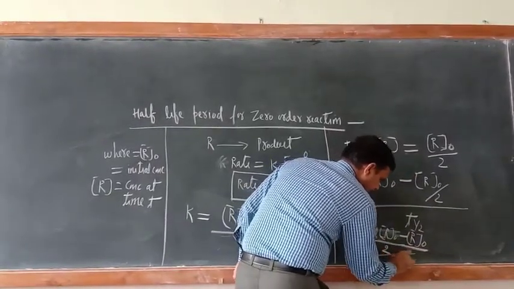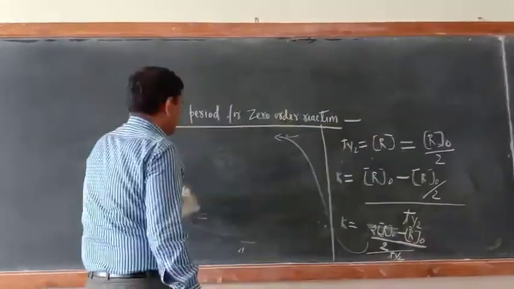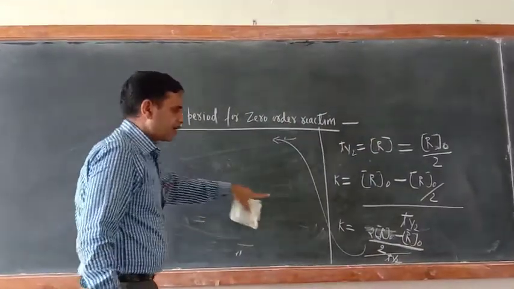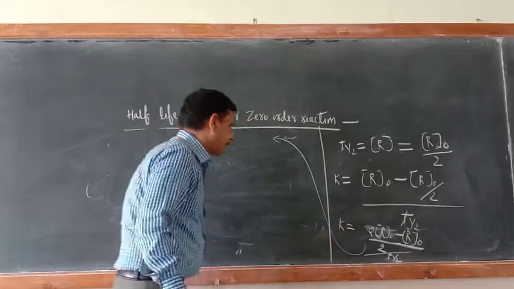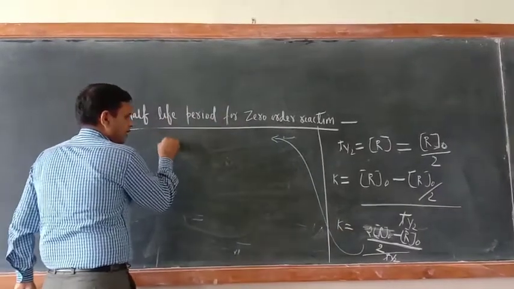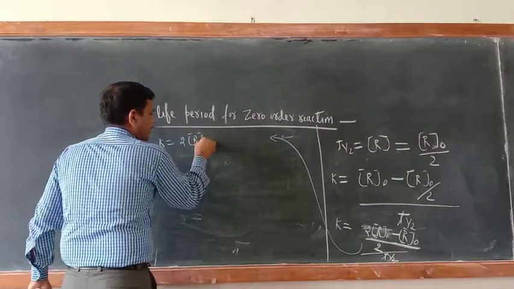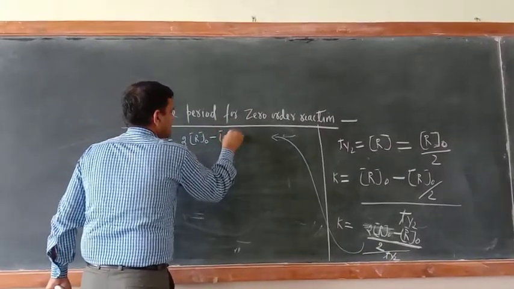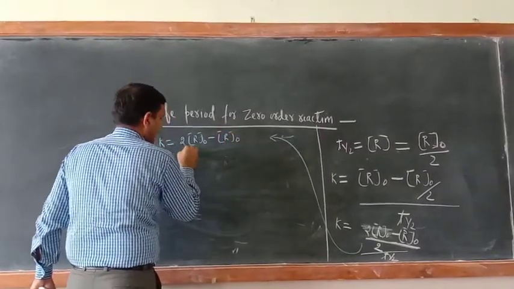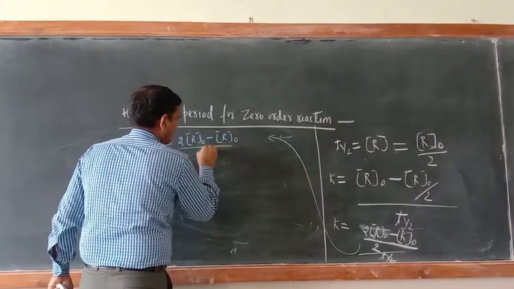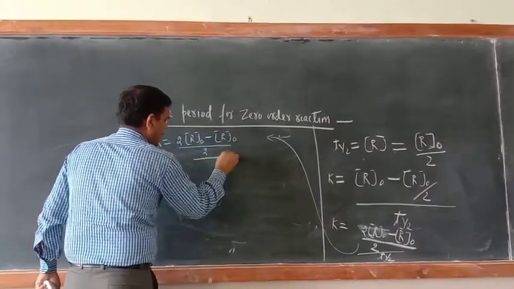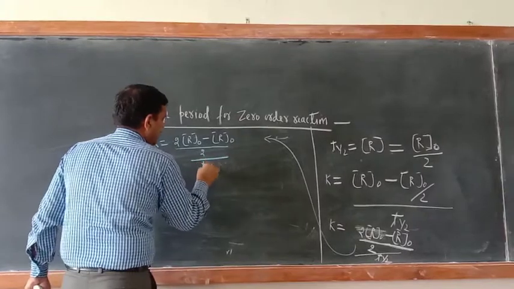t half. So dear cadets, again I am writing this because clarity may not be there. K equal to 2R0 minus R0 by 2, and further divided by t half.